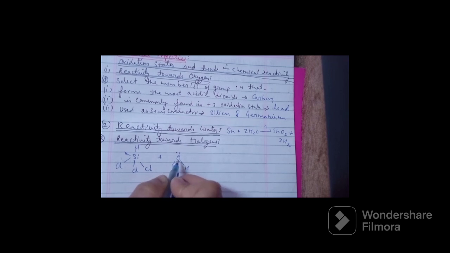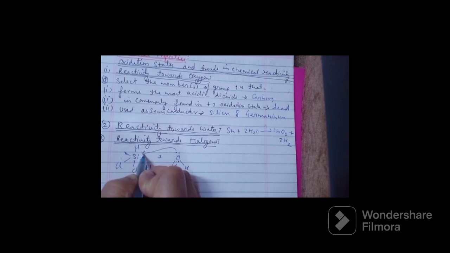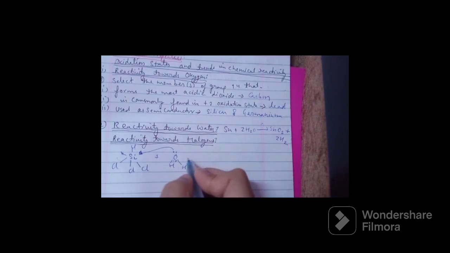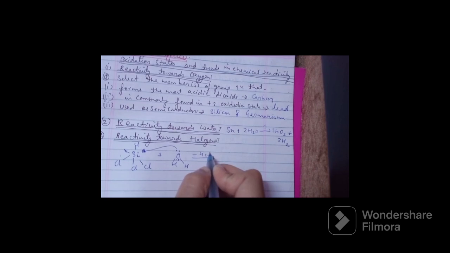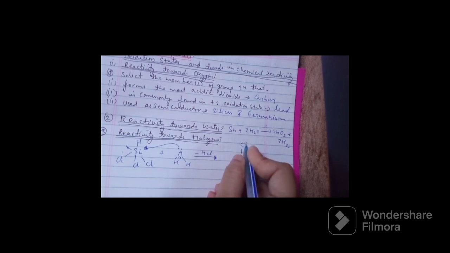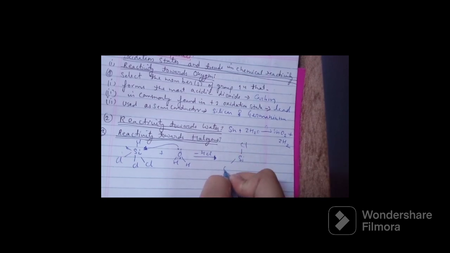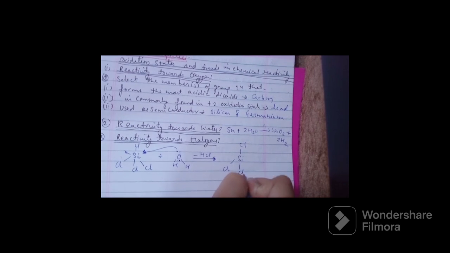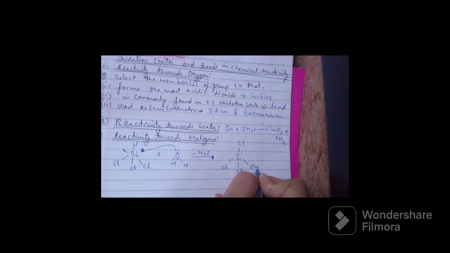Oxygen has two lone pairs. This one lone pair will go here. Also the reaction gives SiCl3, Cl, Cl, here it is OH.